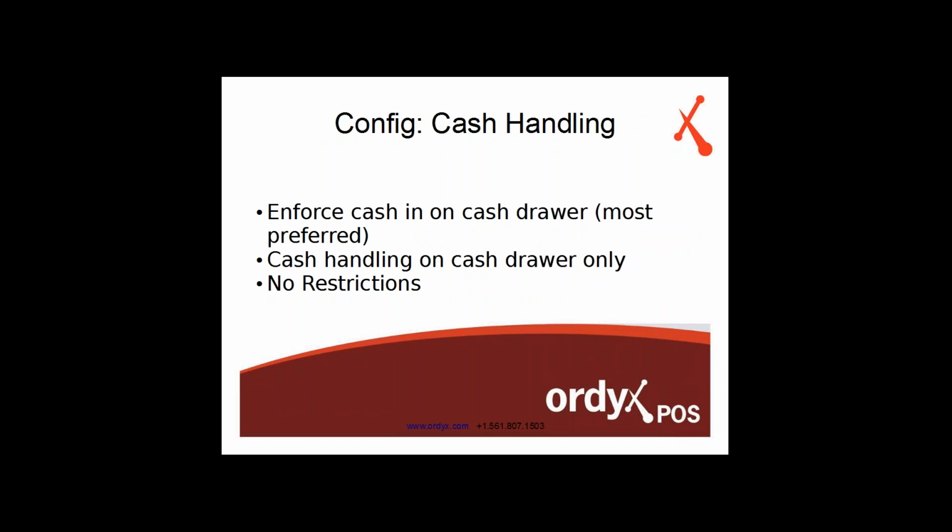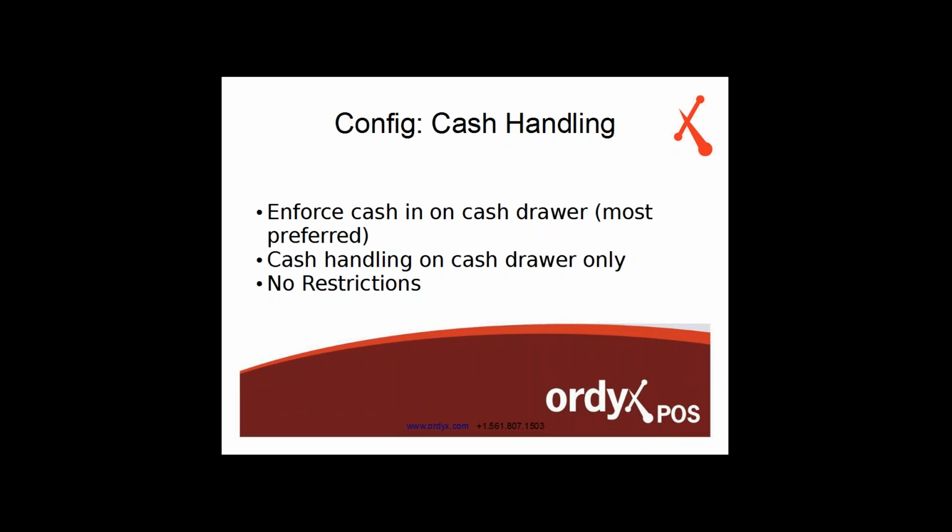So the next thing is cash handling. The first one is enforce cash in on a cash drawer. This is the most preferred for restaurants because basically, for example, if you have two terminals, both of those terminals have a cash drawer, and the cash drawer needs to be cashed in.